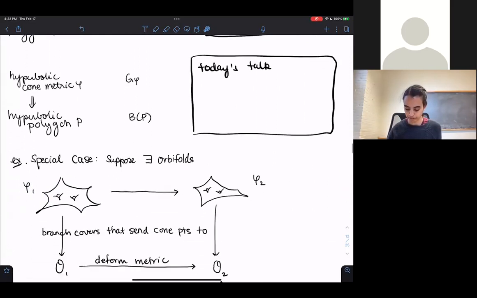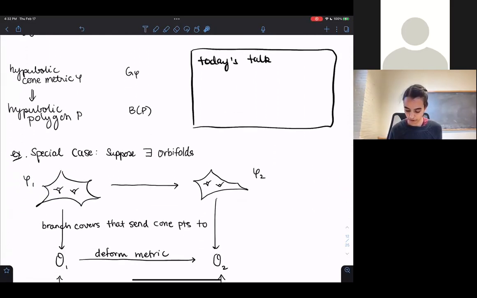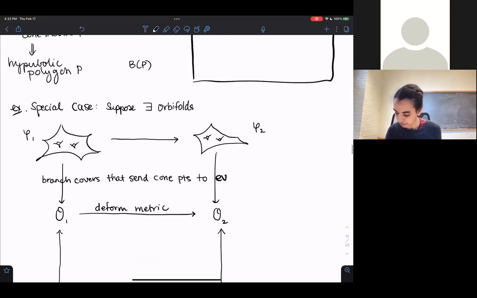So suppose I could find an orbifold O1 so that this surface branch covers it, and I want the cone points to be sent to even order orbifold points.